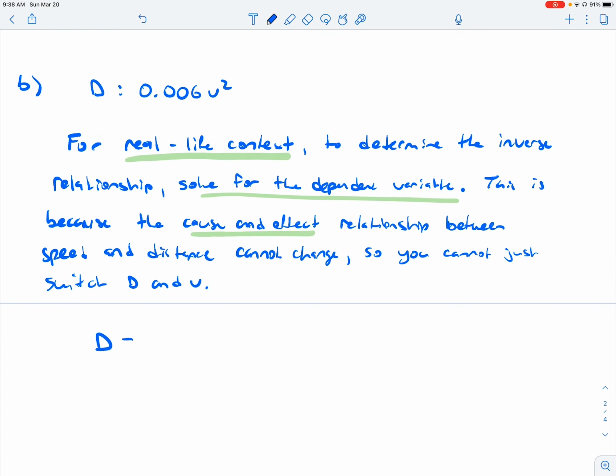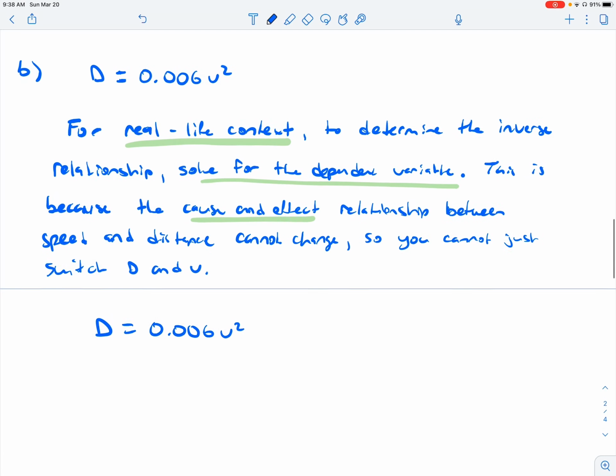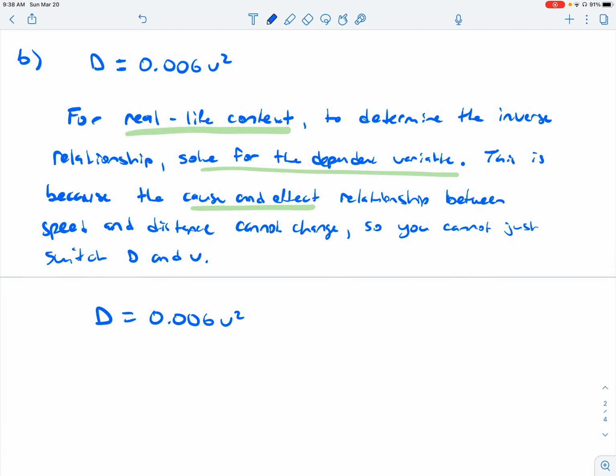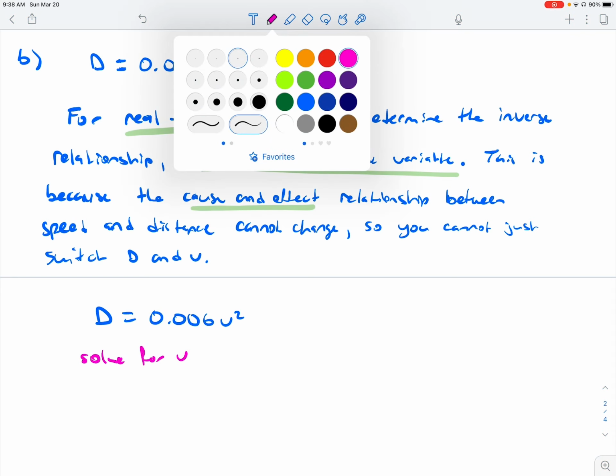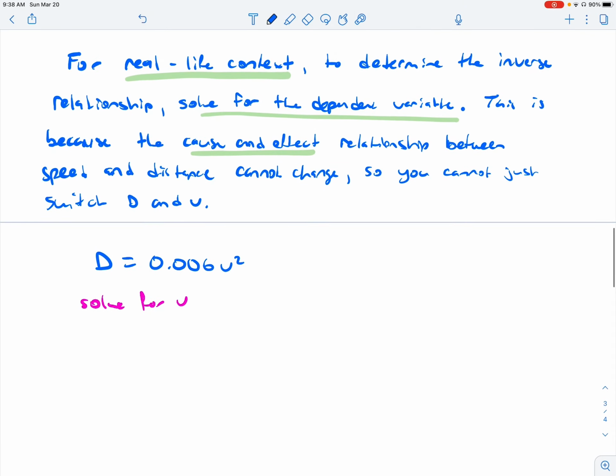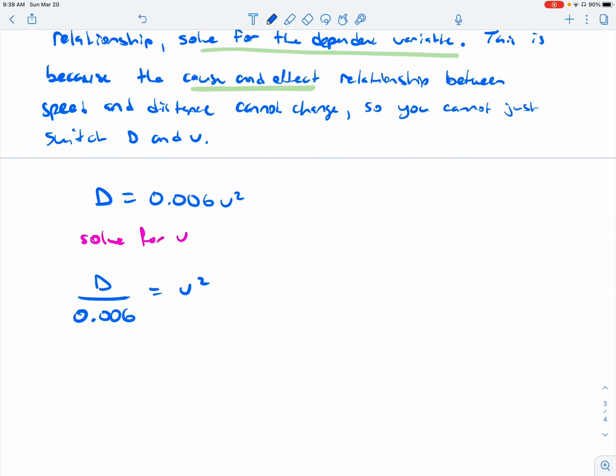We have the equation d equals 0.006 v squared, to solve for v. First we divide both sides by 0.006. Then, to reverse the square, we square root both sides.